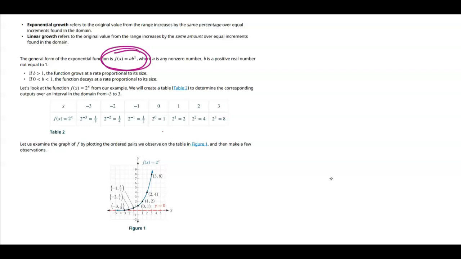However, if you have a b value that is between 0 and 1, then you are actually going to have an opposite situation where you have decay or exponential decay, where maybe you have half of something instead of twice of it. You can see that there's a table of values here and a graph of what exponential looks like.